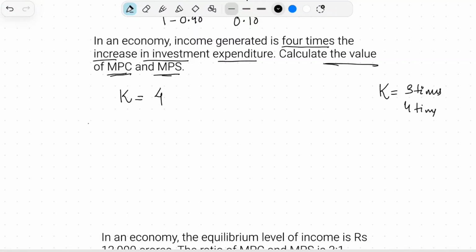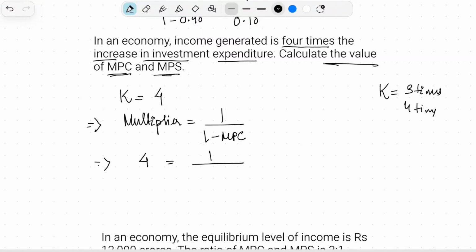As per the formula, multiplier is equal to 1 divided by 1 minus MPC. We know the value of the multiplier, it is 4, which is equal to 1 divided by 1 minus MPC. Now we will cross multiply. So 1 minus MPC is equal to 1 divided by 4. We have simply cross multiplied.